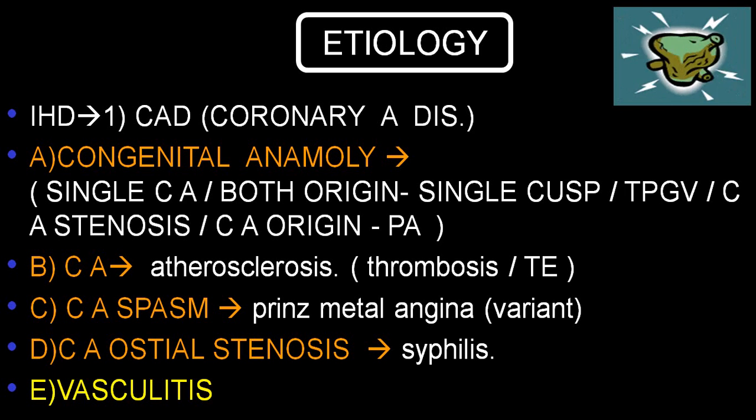Congenital coronary artery stenosis or coronary arteries arising from the pulmonary artery. Rare anomalies, but they can produce ischemic heart disease and the person can have anginal pain. We already mentioned atherosclerosis, coronary artery spasm, ostial stenosis and vasculitis.